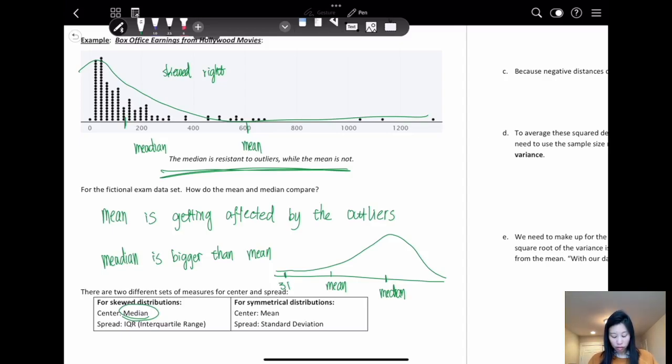For a symmetrical distribution, since the mean and the median are quite similar, we want to use the mean for the center, and when it comes to spread, we want to use the standard deviation. So that's it for today. In the next class, we will talk more about the mean and standard deviation. Let me know if you have any questions.